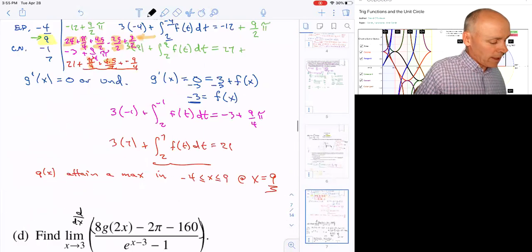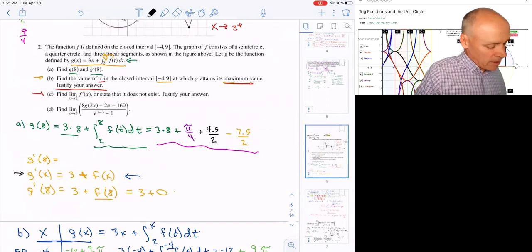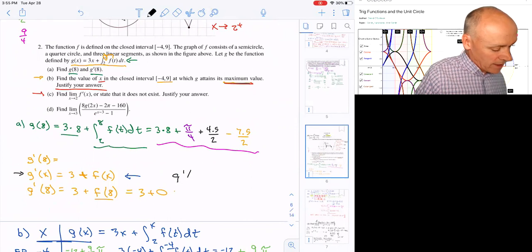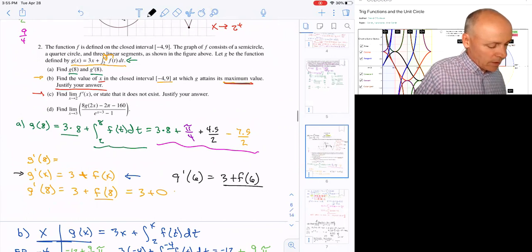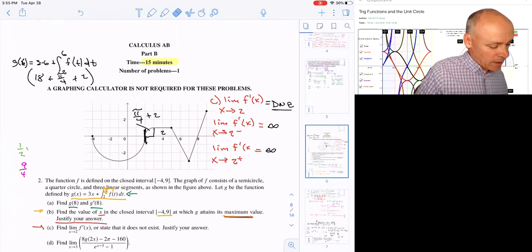Okay, well, g prime, okay, there it is, g prime at x. So g prime at 6 is equal to 3 plus f at 6. Okay, so f at 6 is equal to negative 1.